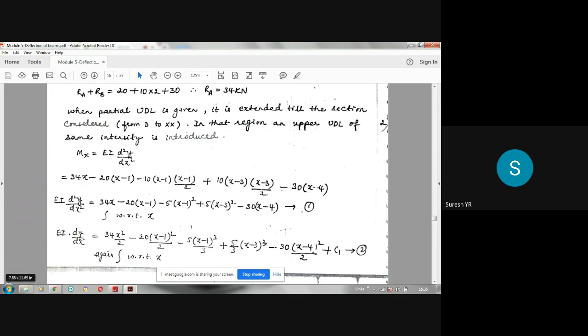Dy by dx means theta. Again integrate with respect to x, you will get the deflection equation. So see what the deflection equation becomes, integrate this again. EI into y is equal to, this becomes 17. So 17 into x cube by 3. Integration of x square is x cube by 3, minus, here 20 by 2 is 10.